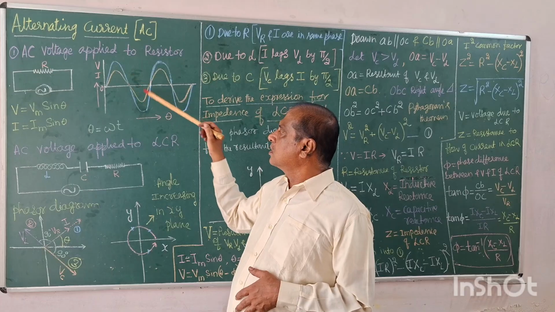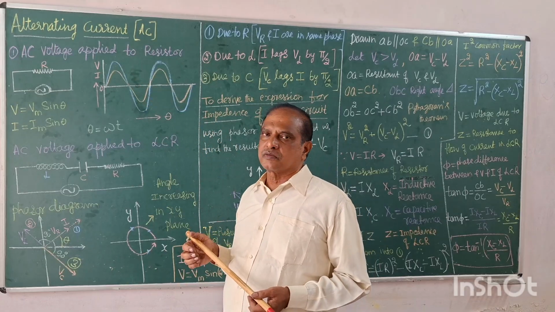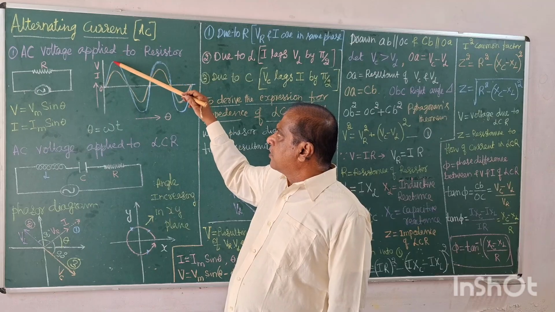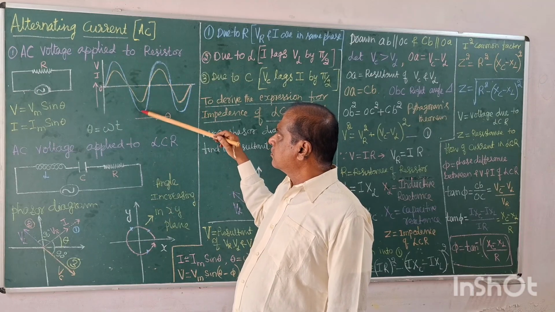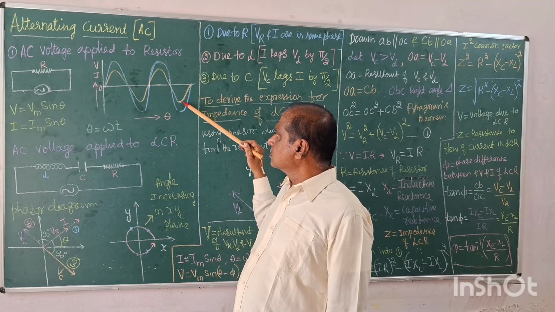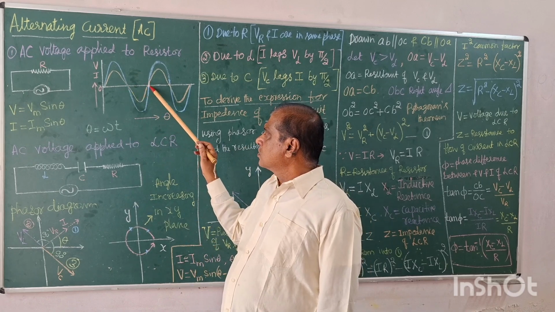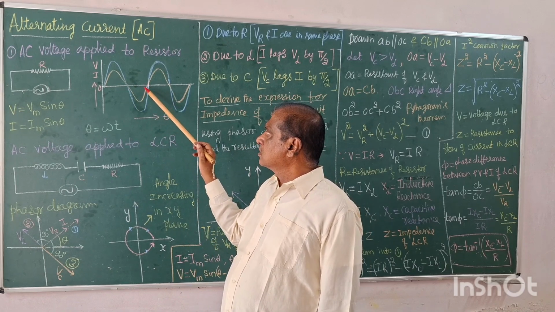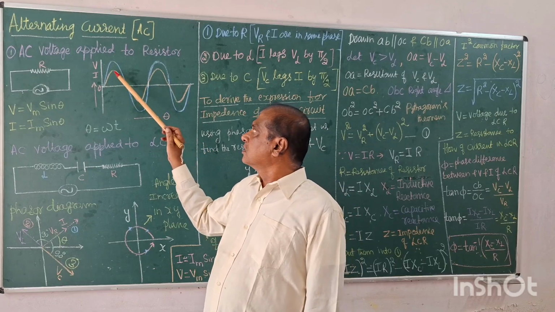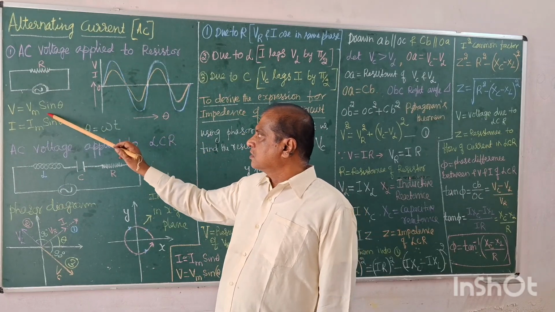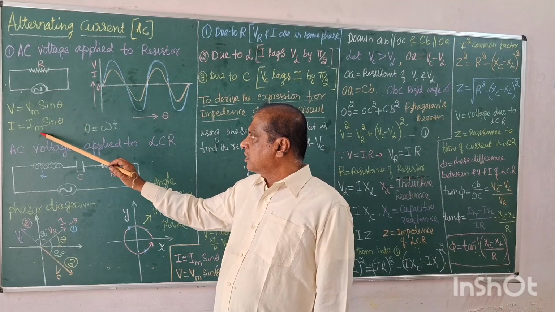And look, these sinusoidal waves are in the same phase. Same phase means all the peak values coincide, all the zero values coincide, showing that there is no phase difference between these signals, the voltage wave and the current wave.